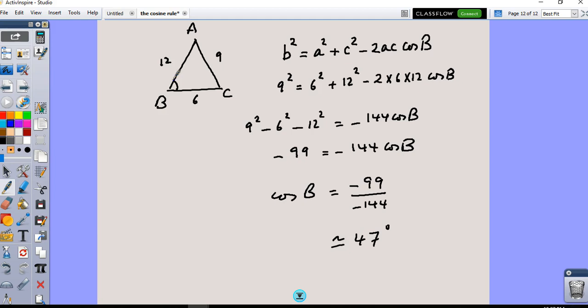Now that you know this is 47 degrees, you can proceed to evaluate the angle C or the angle A, but you don't need another application of the cosine rule. All you need is the sine rule, because 9 over sine 47 would equal 12 over sine C. And once you work that angle out, you can subtract the sum of the two known angles from 180 and you'll work out the value of A.